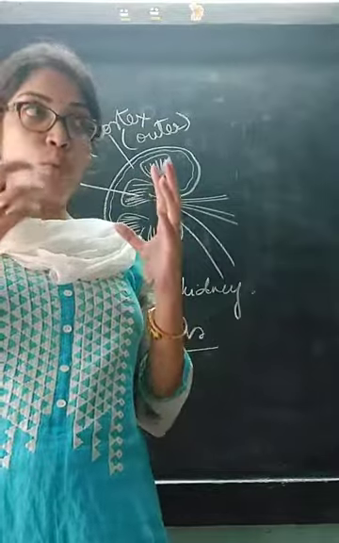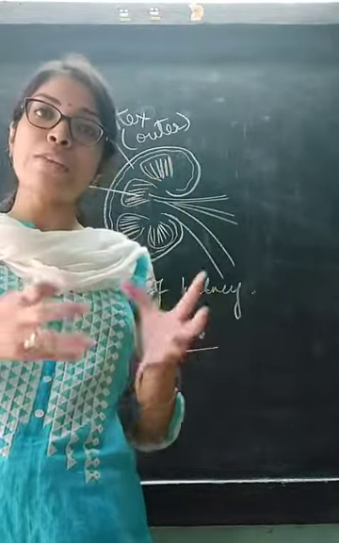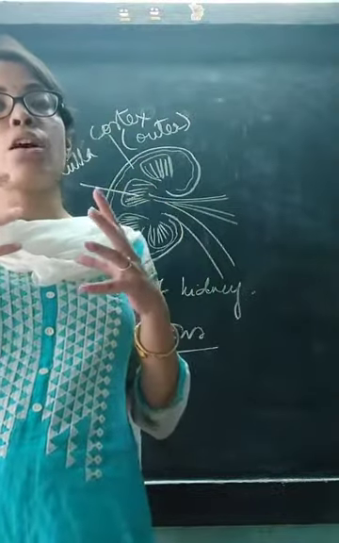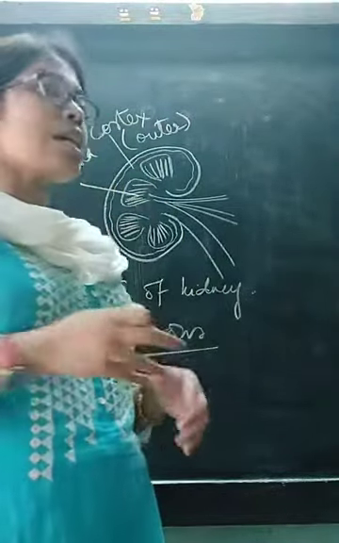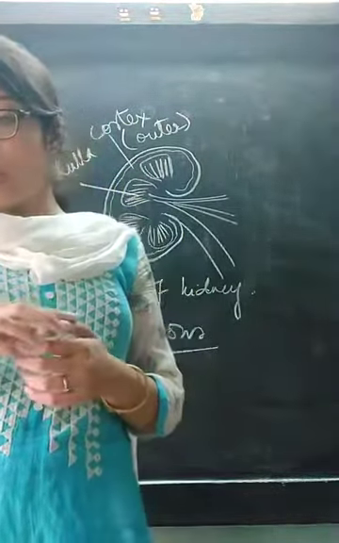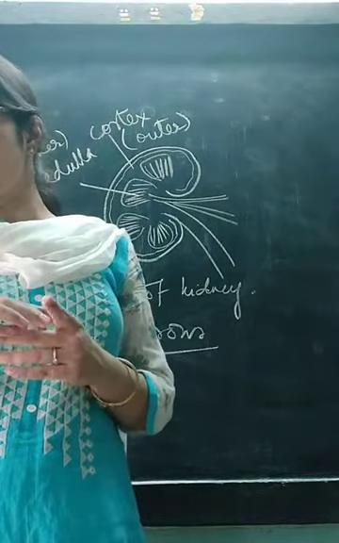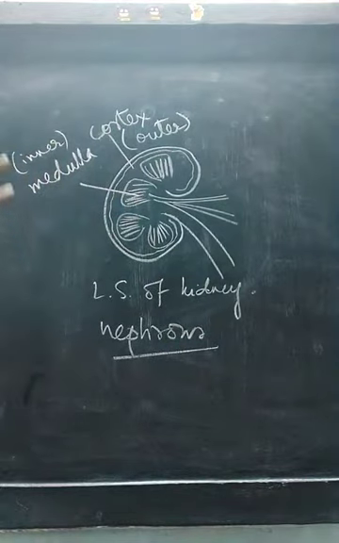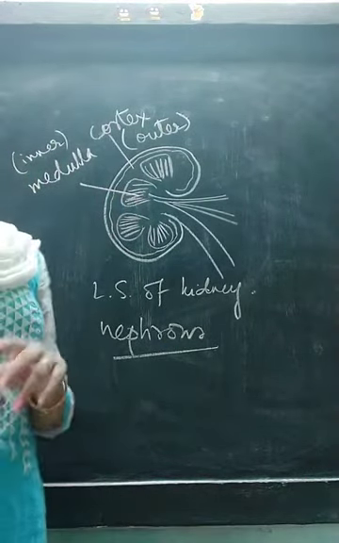So when I was talking about the kidney filtering blood and producing urine, the millions of nephrons within the kidney do that function.